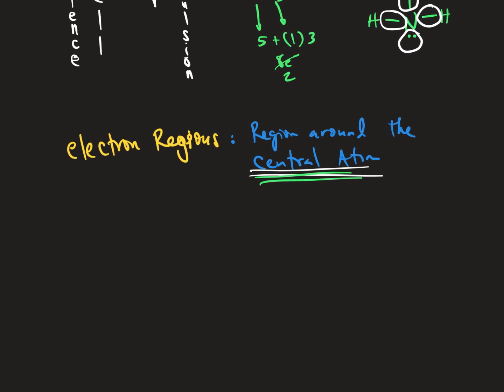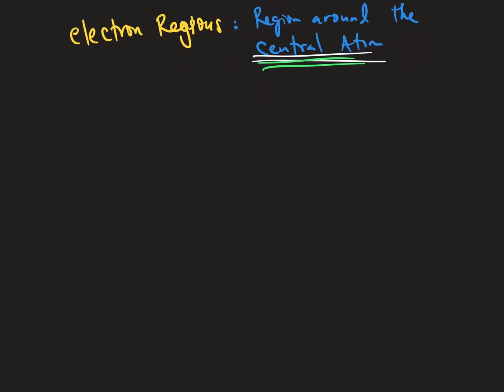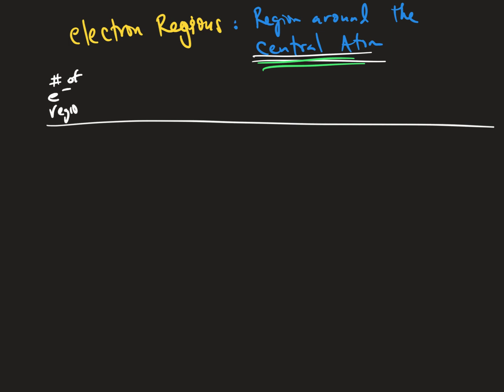All right, let's go ahead and get right into the different shapes. So I'm going to draw this table here, with the number of electron regions, and then the electron geometry.